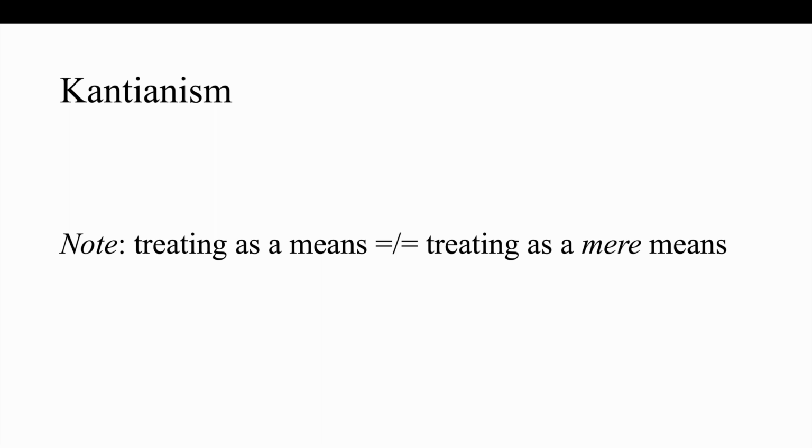Importantly, treating somebody as a means is not the same thing as treating them as a mere means. So, for example, if you have ever used DoorDash before, there's a clear sense in which you're using the DoorDash driver for an end you have, namely getting the food. The important thing, though, is that you're not violating the categorical imperative.